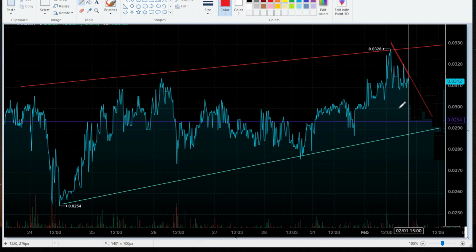So what I then did is I could have drawn a support line, I suppose, up here, but I didn't see the benefit of drawing an increased support line here because I already could tell by these peaks that the resistance line was dropping faster anyway. So I just drew the resistance line into the future.